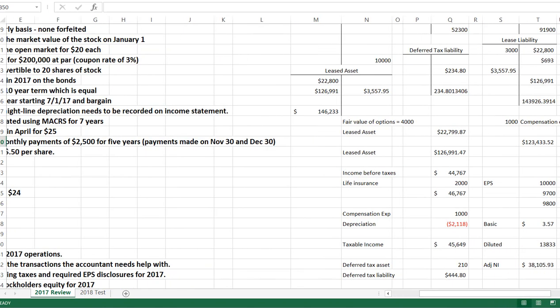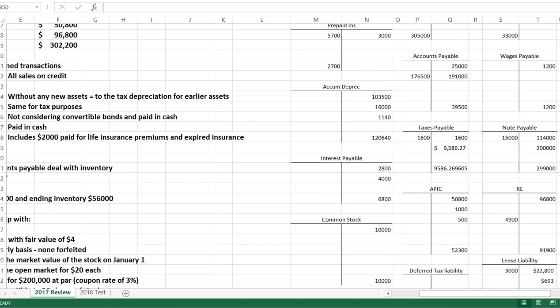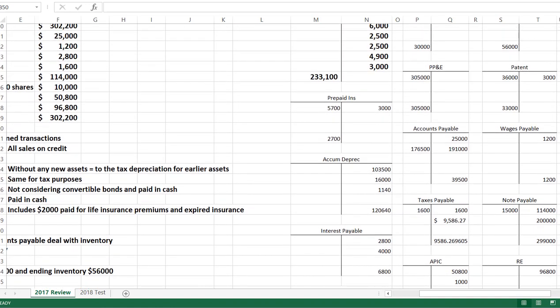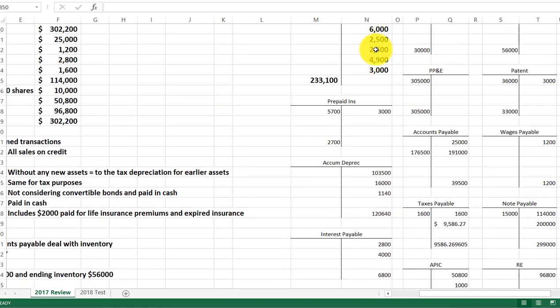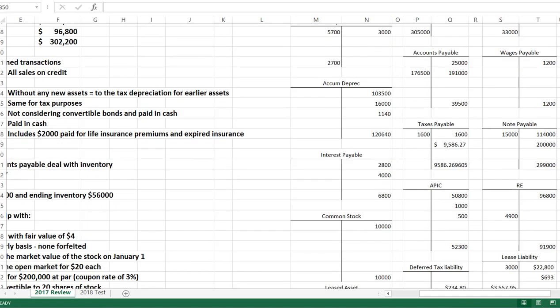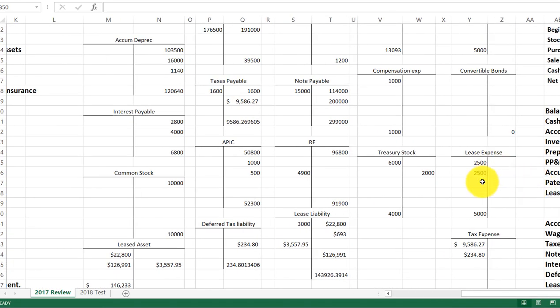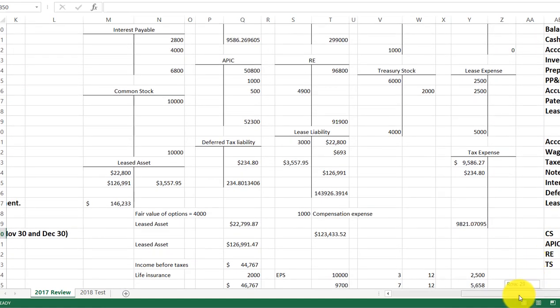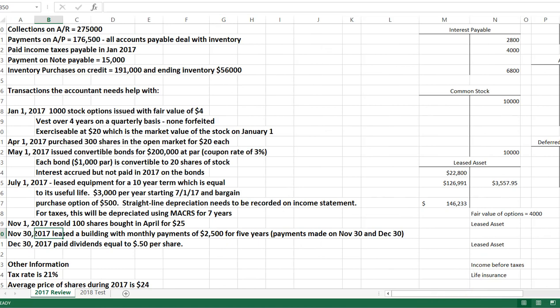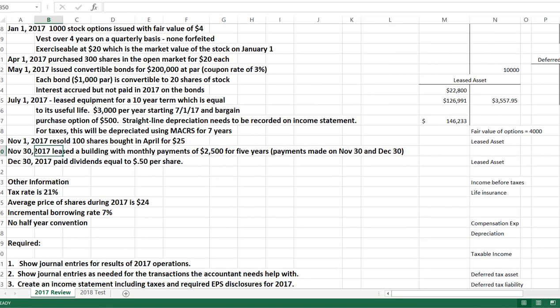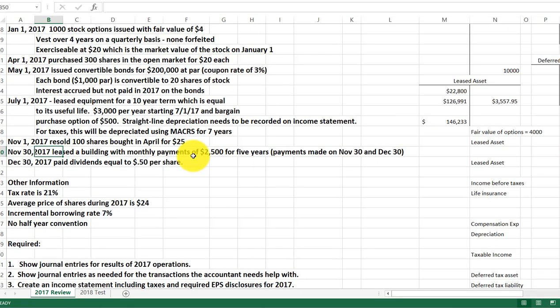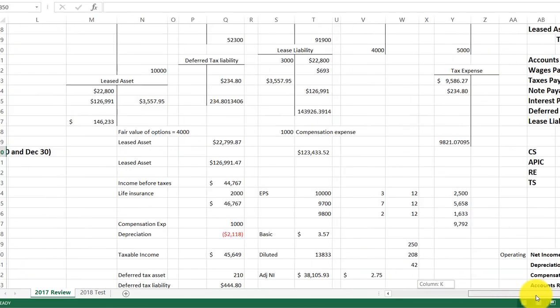Okay, both those payments are for $2,500. So $2,500 cash, and that's going to be a debit to lease expense. All right, given that it is an operating lease, and it's the same amount through the whole time, we can just make that straight line expense. So that's important on the income statement.